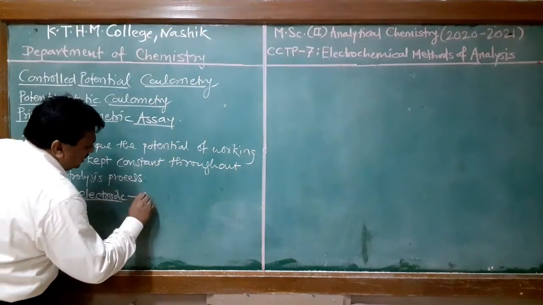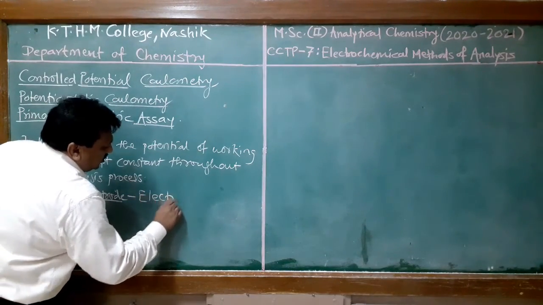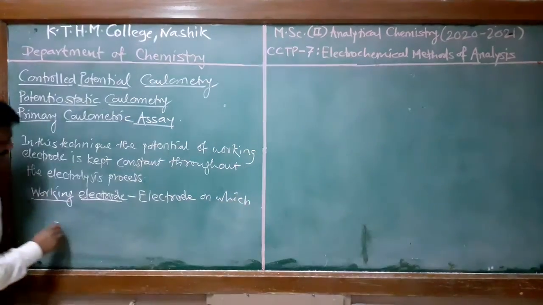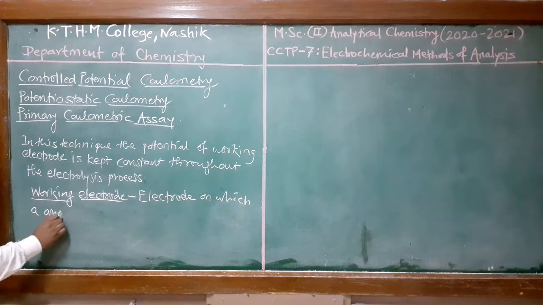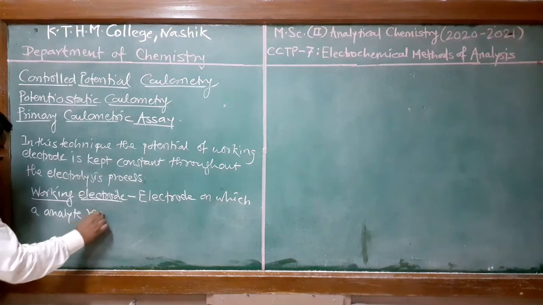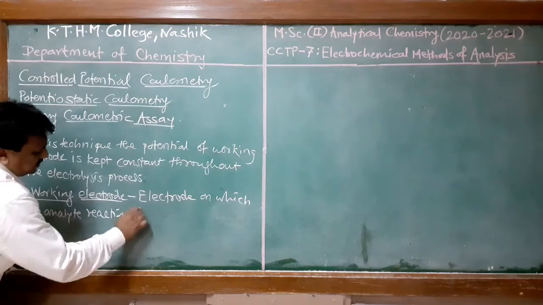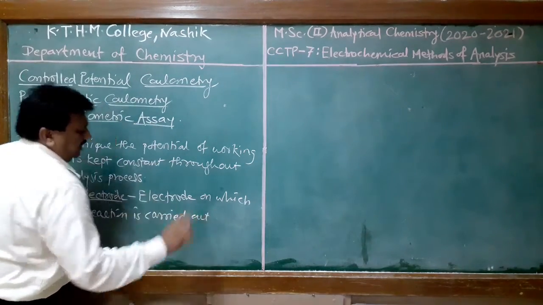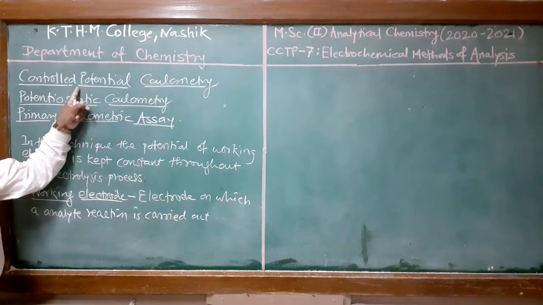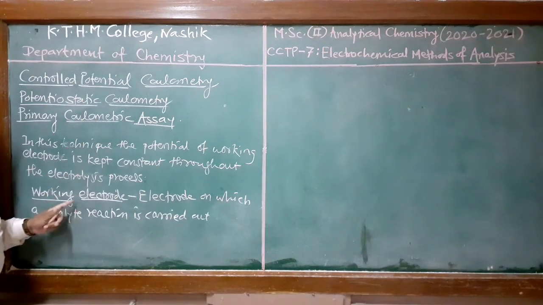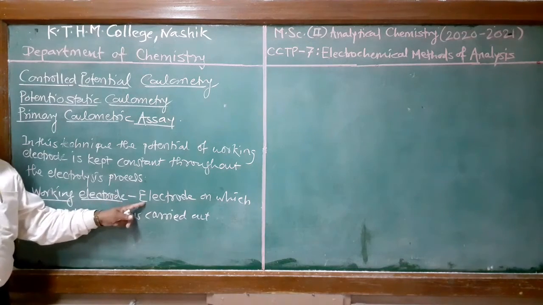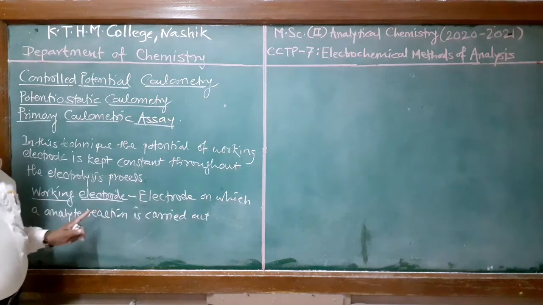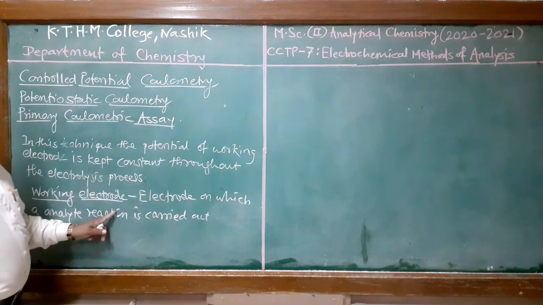Working electrode is an electrode on which the analyte reaction is carried out. That electrode is called as working electrode. And in control potential coulometric assay, potential of working electrode is kept constant. It is adjusted to a value at which that analyte undergoes oxidation or reduction.